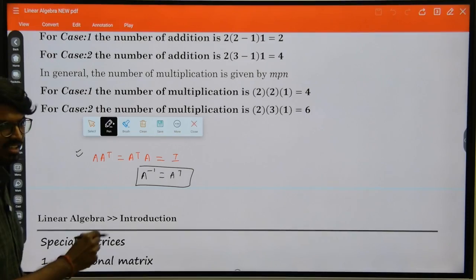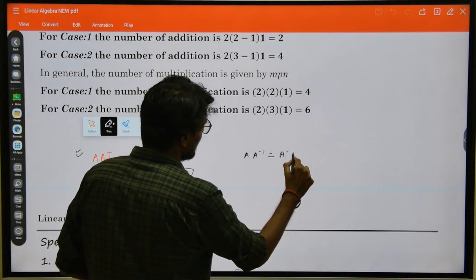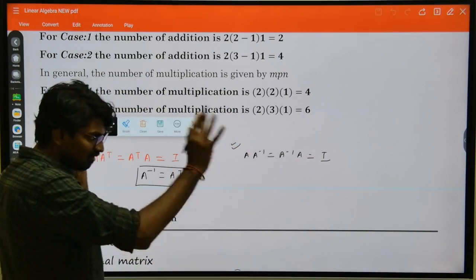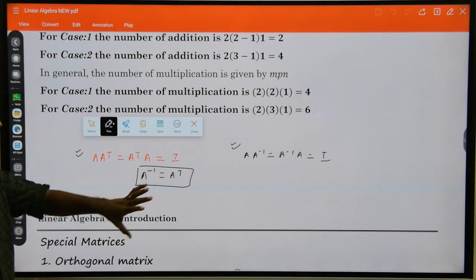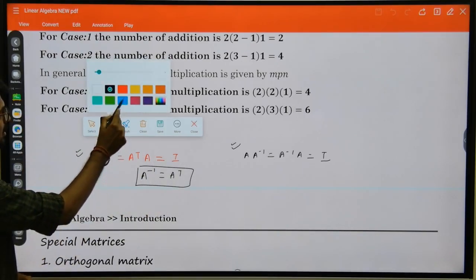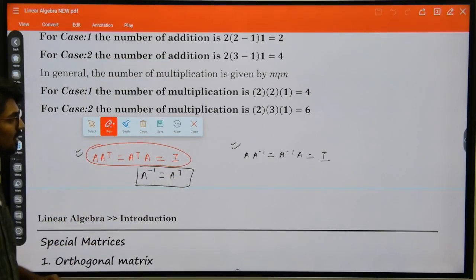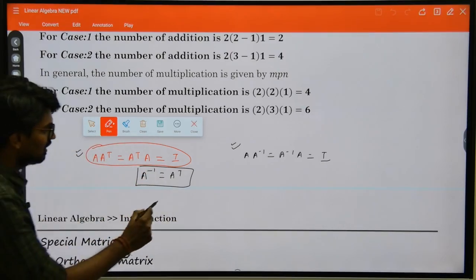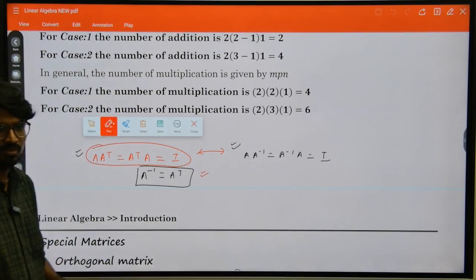Because I already know that for A inverse, A into A inverse should be equal to A inverse into A, which is equal to I. So this is universal truth, always true, whatever may be your matrix A. Okay, if your matrix A is a square matrix, then that is true. But when this happens, A into A transpose equal to A transpose into A, which is equal to I, then if I compare these two equations, I can say that A inverse and A transpose should be same.